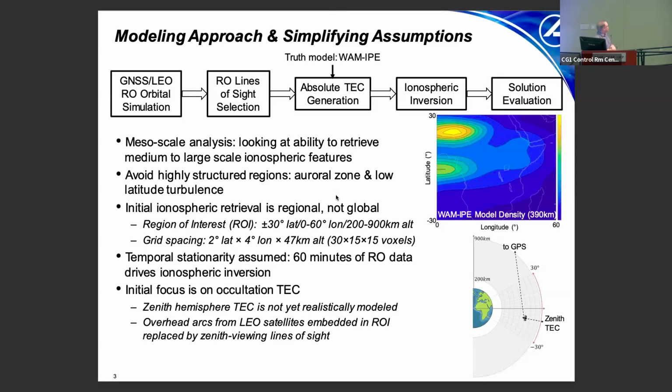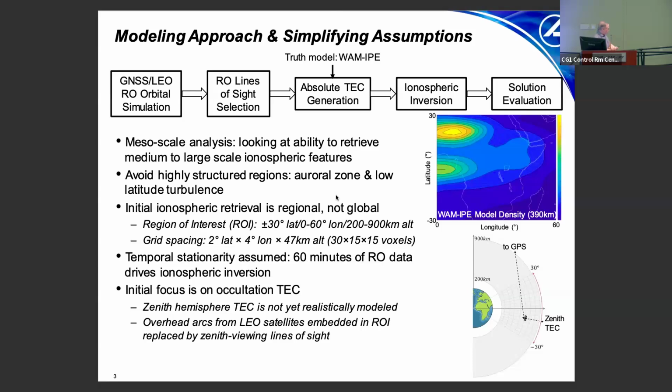I'll talk about that later. A key assumption is that we assume temporal stationarity. In other words, the ionosphere is frozen for a period of time, right now an hour. We take all the measurements that we could make from a constellation and ask whether, during that time period, we can retrieve the truth with the ionospheric data that we've got from our simulated orbits.